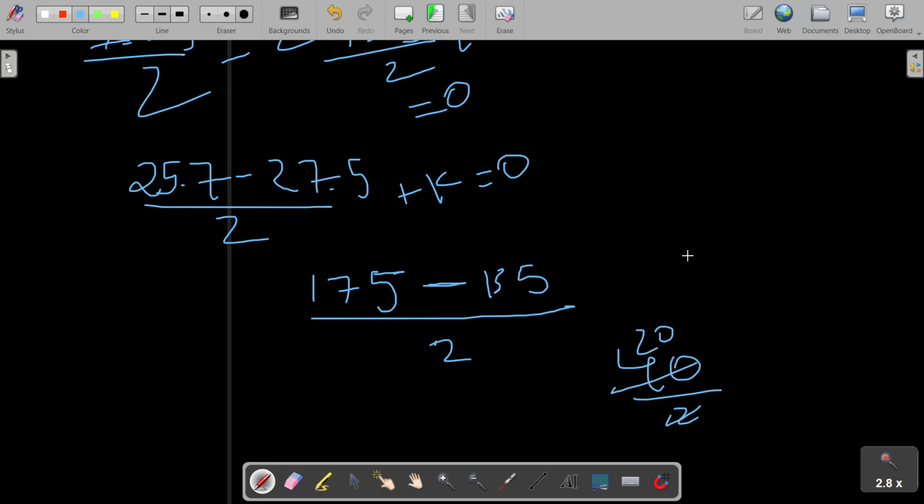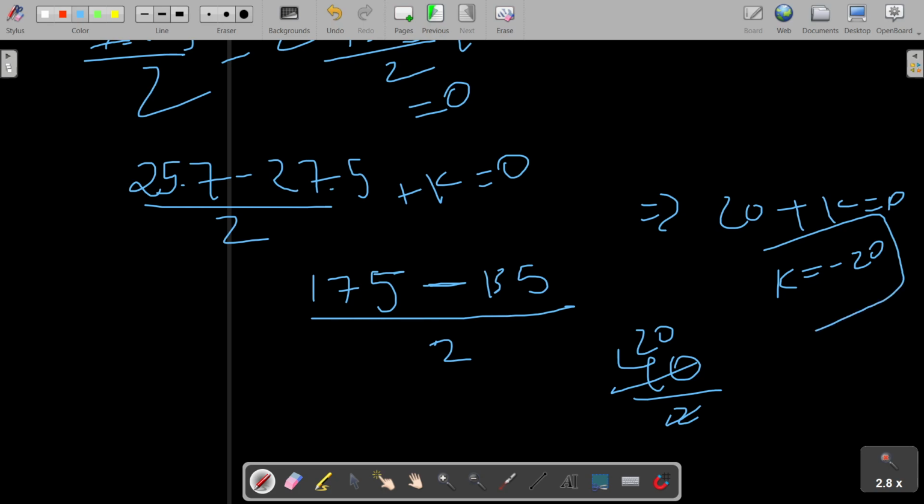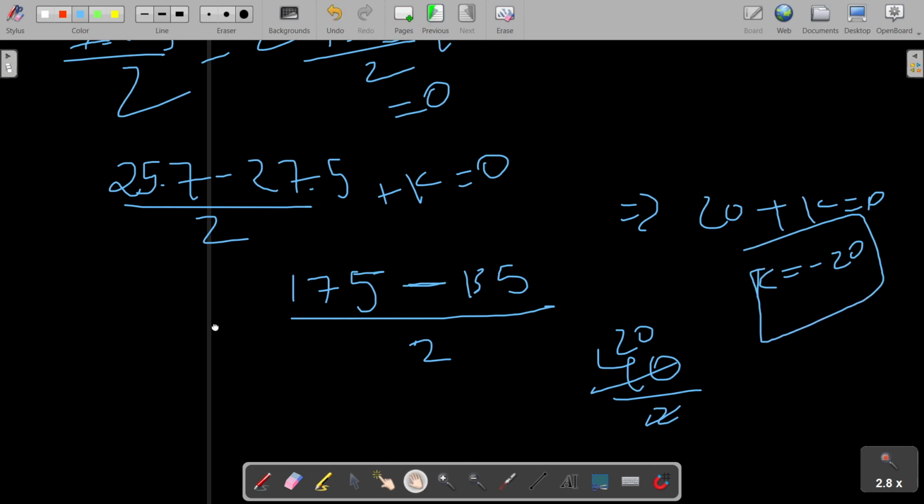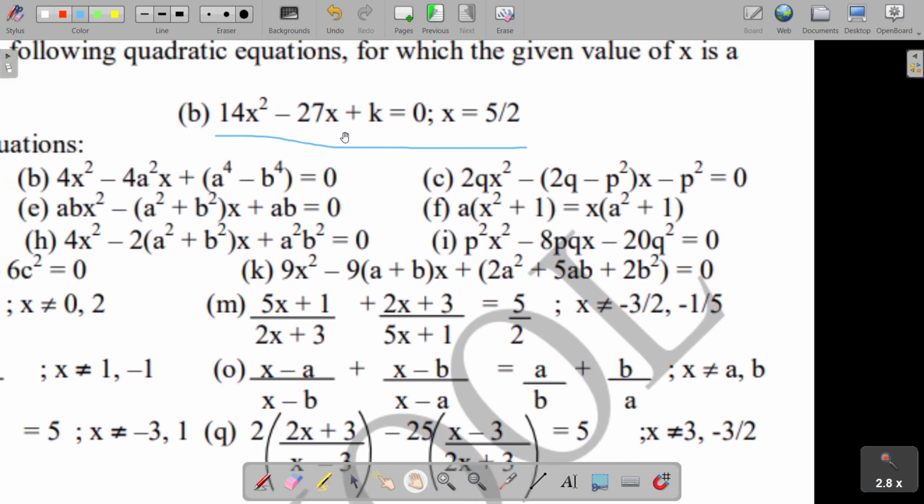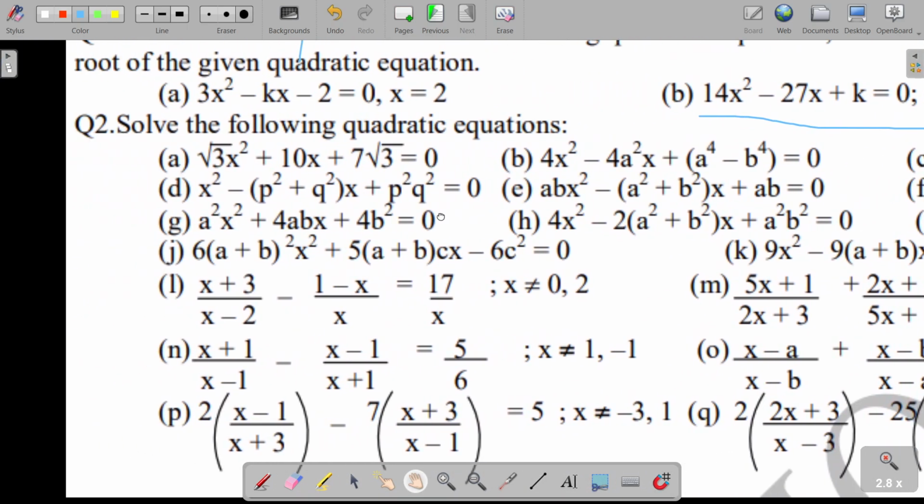The 2 cancels out, so we get 20 plus k is equal to 0. So if we subtract 20, we get k is equal to negative 20. So this is the answer for this particular problem.